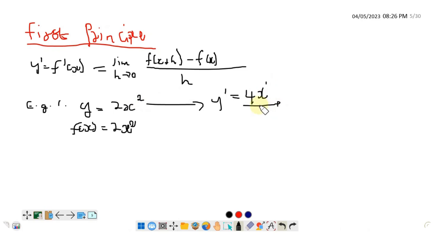So now I know my final answer is going to be 4x to the power 1, which is just 4x. So now I'm going to derive 2x squared using the first principle, but I know the final answer is going to be 4x. I'm writing it somewhere so that I don't forget.